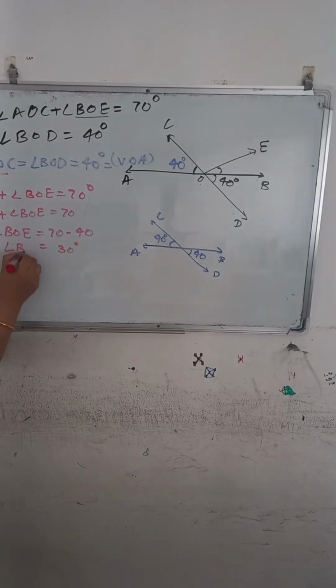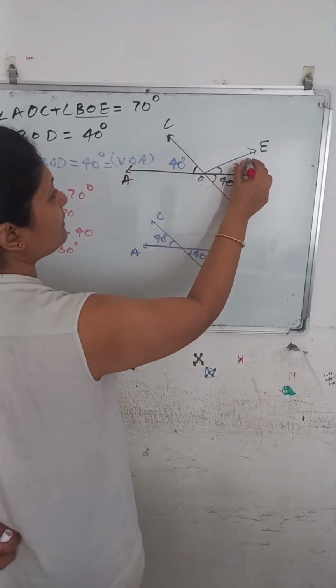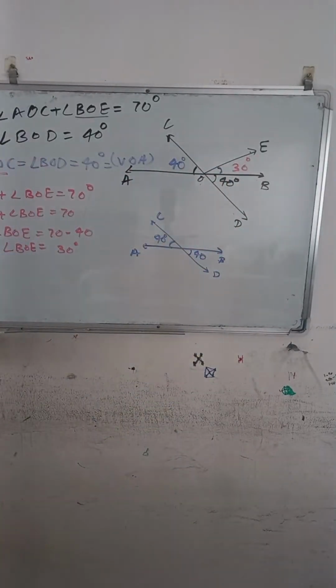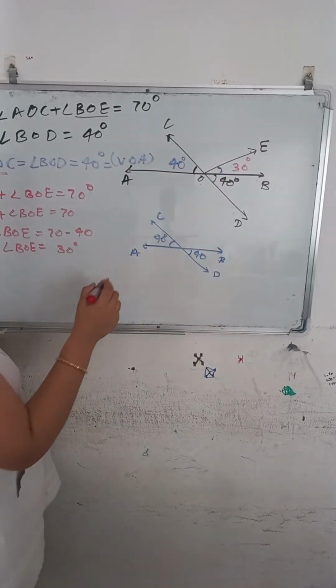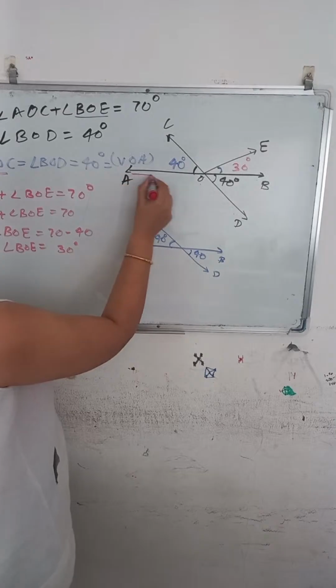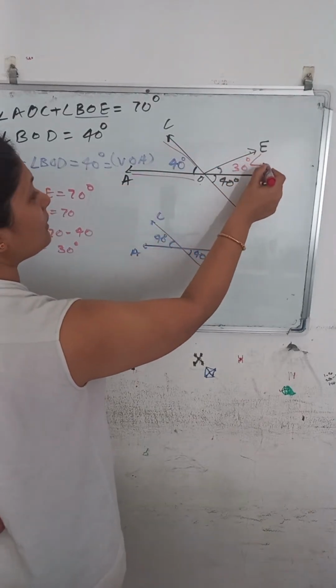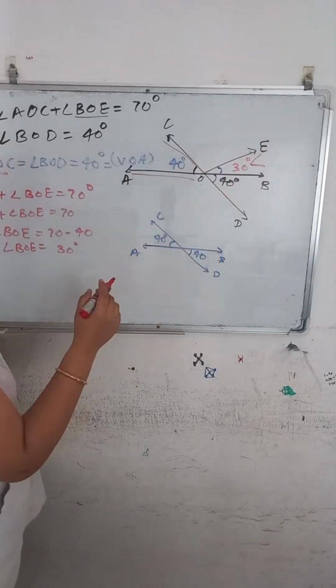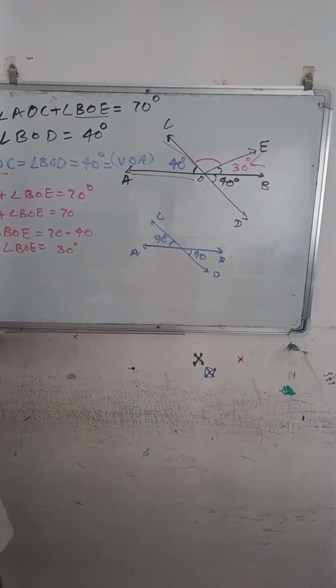So I got angle BOE as 30, that was our first aim. Now we can focus on COE. The angle sum of AOC and BOE is 70 degrees, and we first have to calculate this angle if we want the reflex.